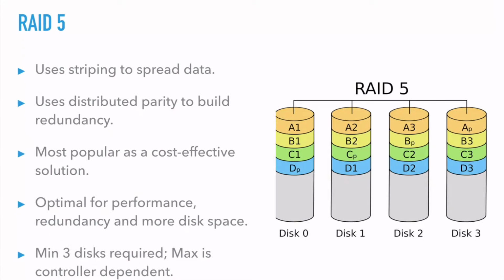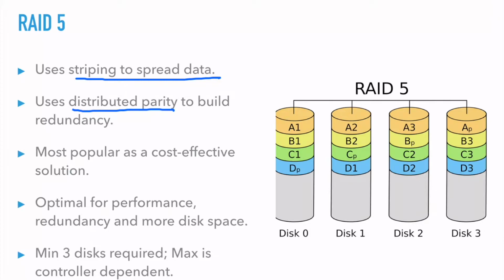RAID 5, very popular. It's widely in use. Again, the concepts have built on top of the previous RAID. So it uses striping of data to spread the data across multiple disks, and it also distributes the parity to build redundancy. What it means is that now you're not talking about a dedicated disk for storing the parity bits. You are slicing and dicing the parity bits across multiple disks.